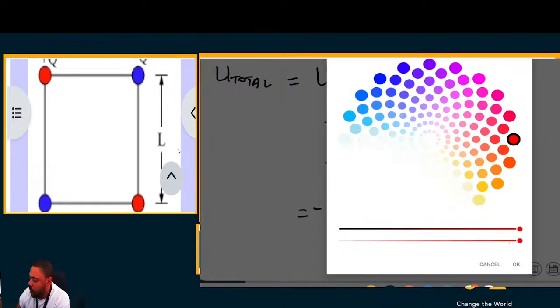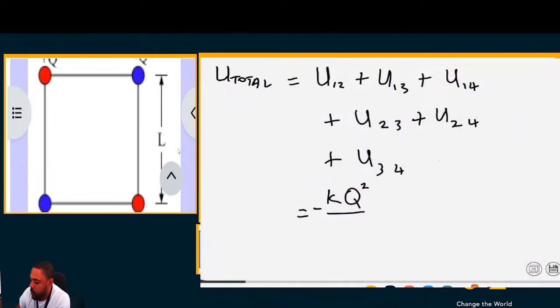I write it here: electric potential energy is equal to K times Qi times Qj over the distance between i and j.